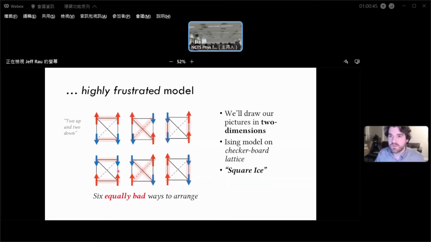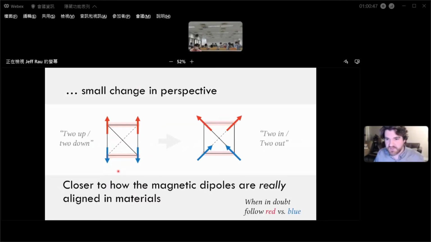One more small change I'll make is that instead of drawing these arrows as up and down, I'm going to rotate them 45 degrees. So instead of going up or down, they're going to go in or out of a given tetrahedron. This is much closer to how the actual magnetic moments are aligned in the materials, but it just makes it a little harder to draw in the other way.